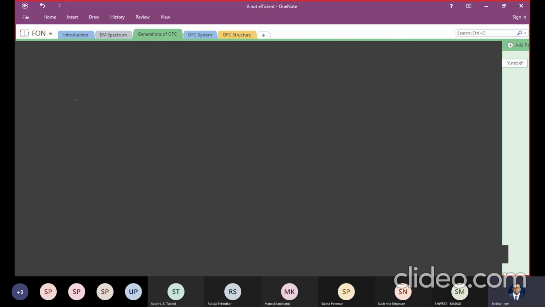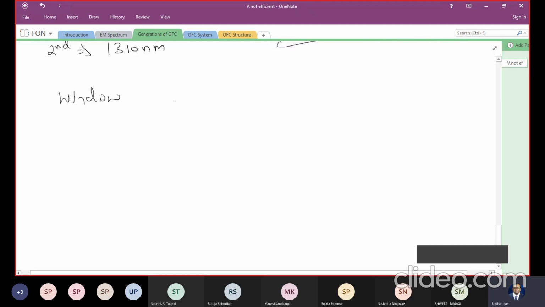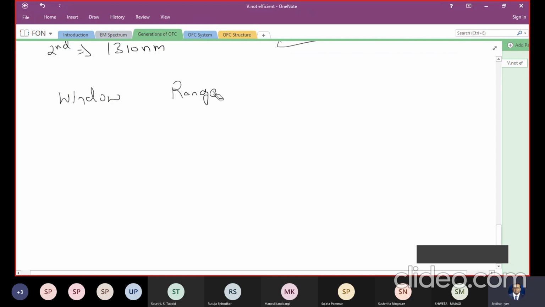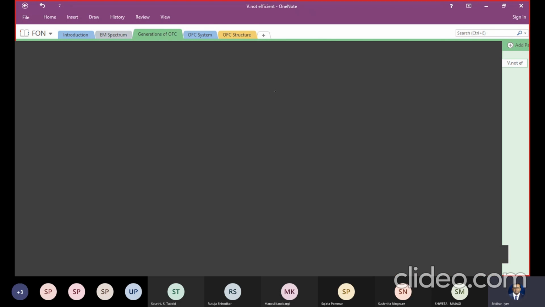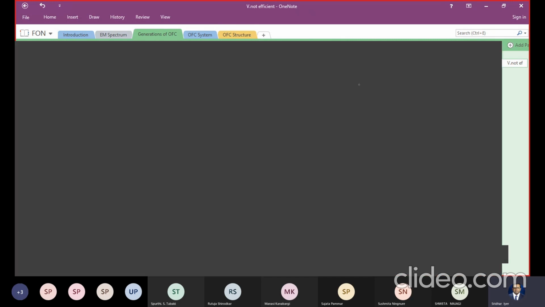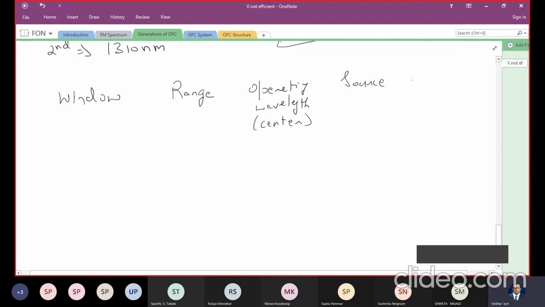So let's say you have the window, the range, and the operating wavelength. Operating wavelength would mean the center wavelength. Then the source, which source was used, which receiver was used, and which amplifier was used.